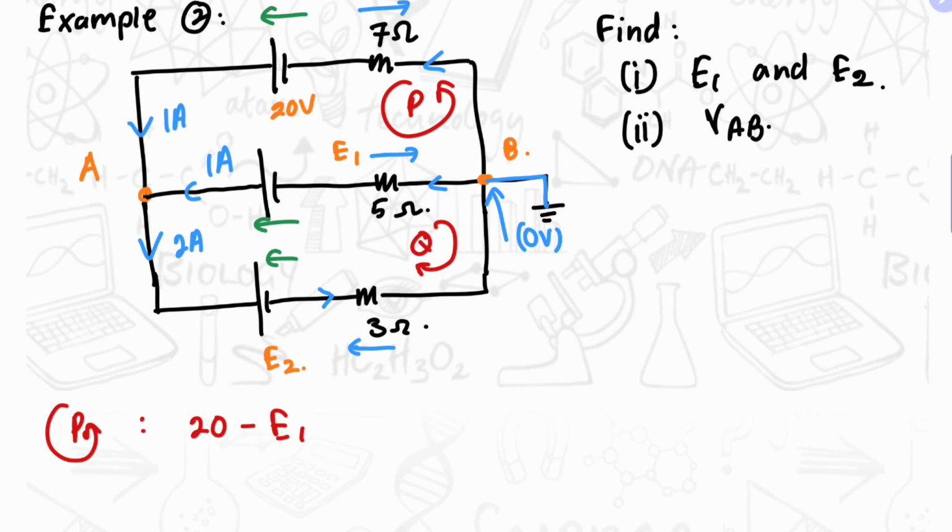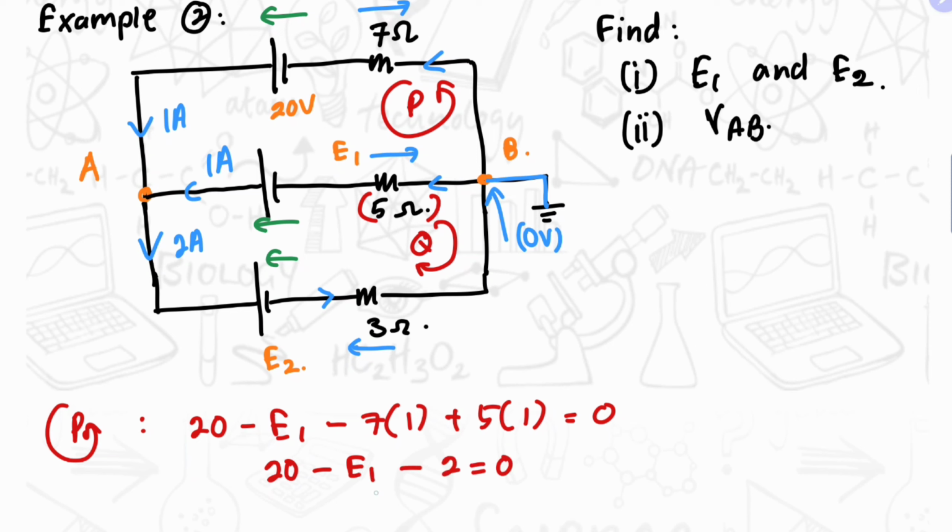It is opposite to the sense we have considered, so that will be minus 2, and the 5 ohm one is in the same sense, so that will be 5 times 1, and the total will be equal to 0. Therefore 20 minus E1 minus 2 is equal to 0. E1 will be 18 volts.